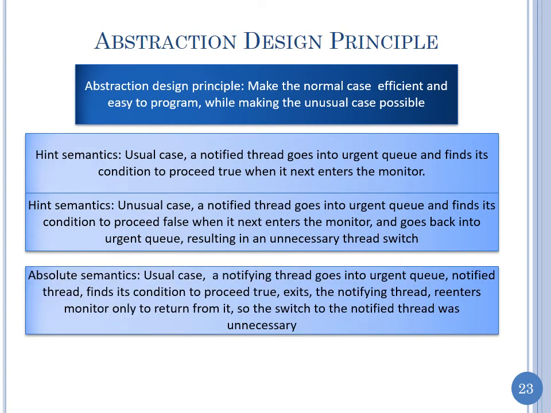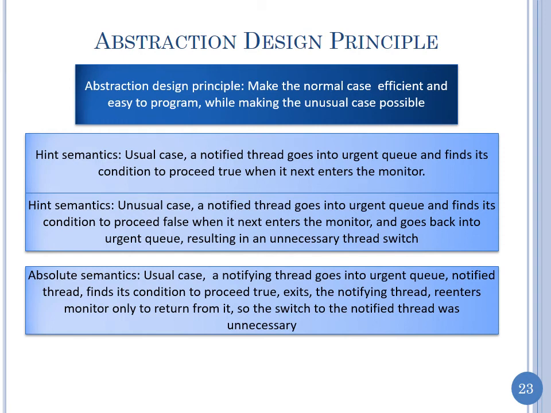In the absolute case, in the usual case, what happens? The notifying thread goes into the urgent queue, so it is prevented from changing the condition to proceed. And the notified thread finds the condition to proceed true. That's guaranteed. It re-enters the monitor, it exits the monitor, and then the notifying thread re-enters the monitor. And what is it doing?